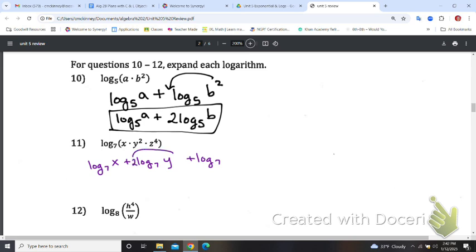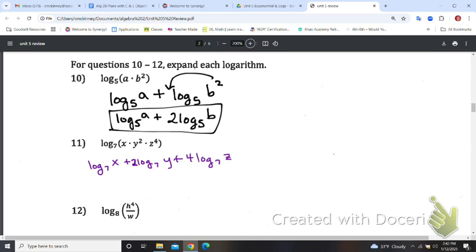So I'm just going to go ahead and write it in the front. Kind of shorten things up just a little bit there. Again, if you want to write it like I did above first. And then this last one, I need to move my plus sign because the 4 needs to go in front of this log that is for the z. So each factor in there gets its own log base 7.